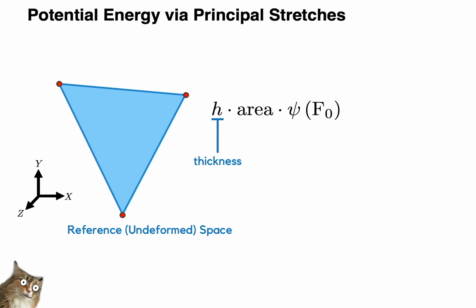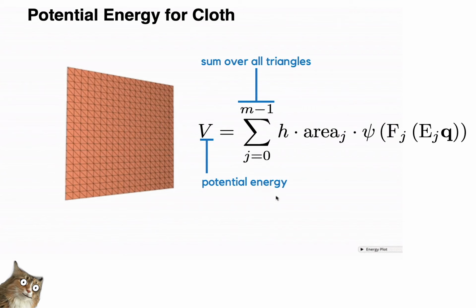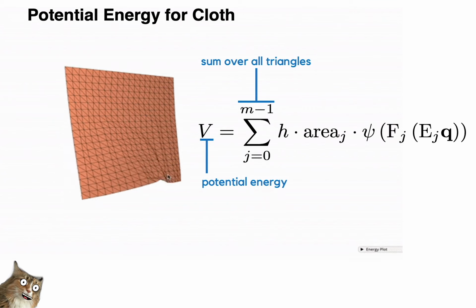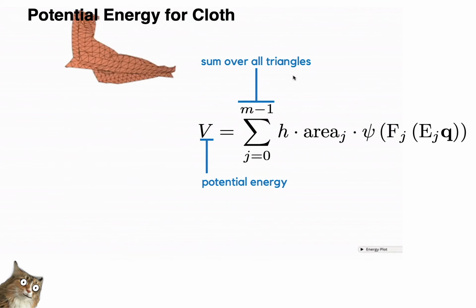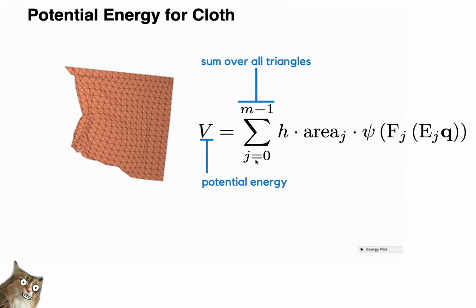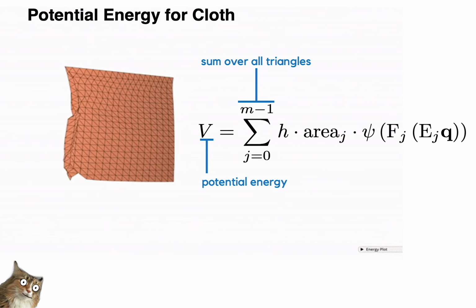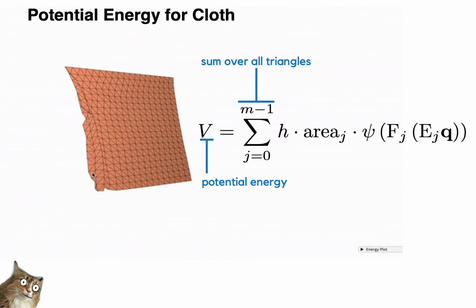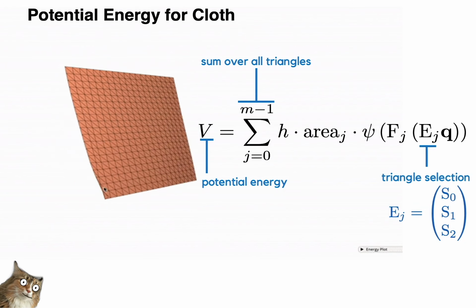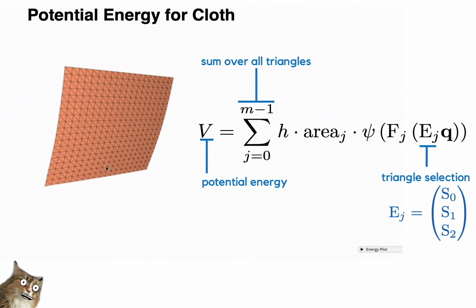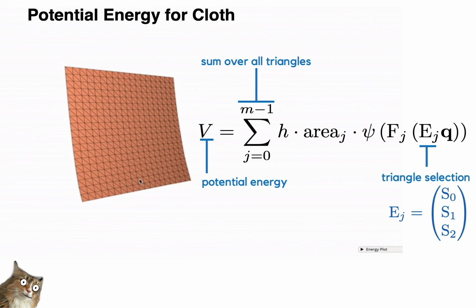Now all that's left to do is to extend this from a single triangle to a whole sheet of cloth. And as is becoming routine now, we compute the full potential energy by summing over all the triangles. As usual, we use selection matrices to connect our global generalized coordinate to the per element energy calculations.